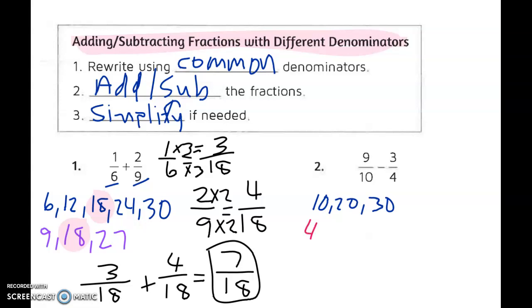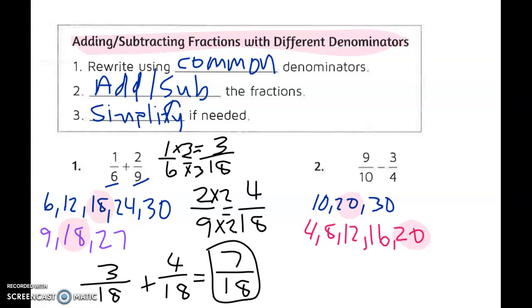We have 4, 8, 12, 16, 20. And we found one. We want to highlight that. So we have 20 and we have 20.